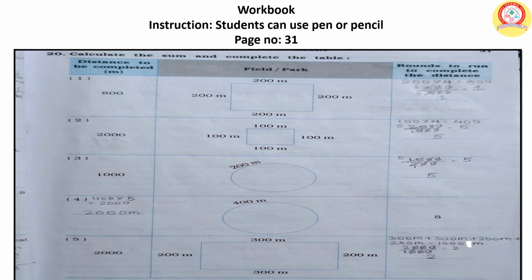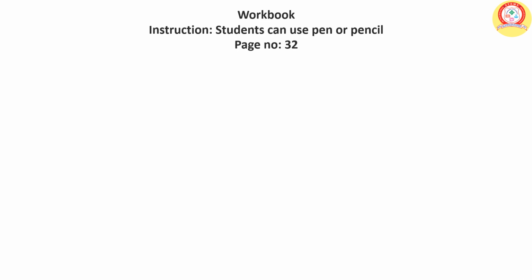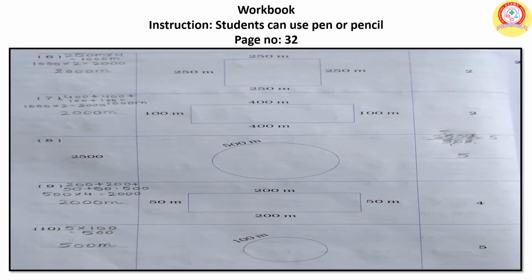Okay children, now let's move to the sixth question. So children, please turn the page. Now in the sixth question, children, the rounds to run to complete the distance is 2. The distance of the field is how much, children? 1000 meter, as 250 meter plus 250 meter plus 250 meter plus 250 meter is equal to 1000 meter, or you can go for 250 multiplied by 4, you will get 1000 meter.